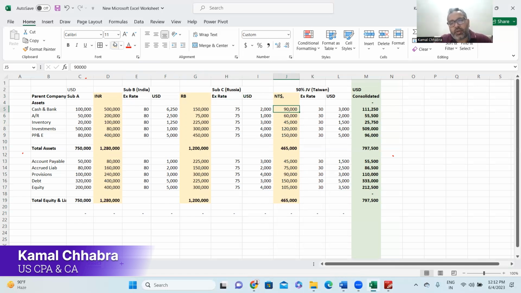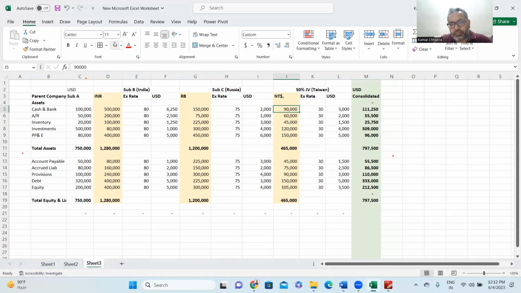Right. So because of this conversion, right, there may be certain difference on account of change in FX rate from previous year to current year, right? That will be considered as a translation gain or loss.